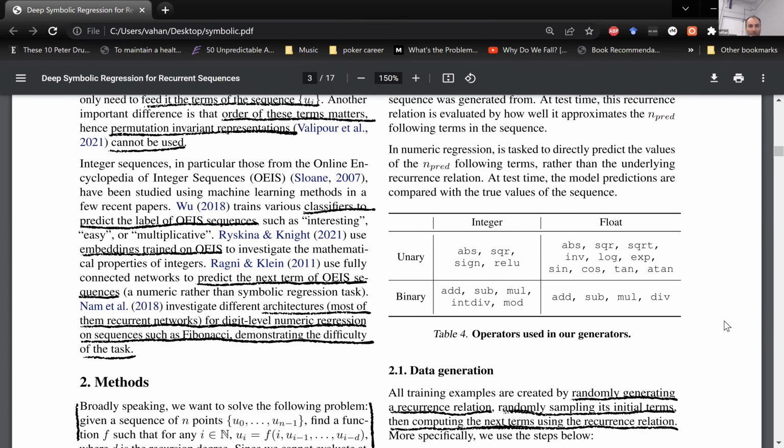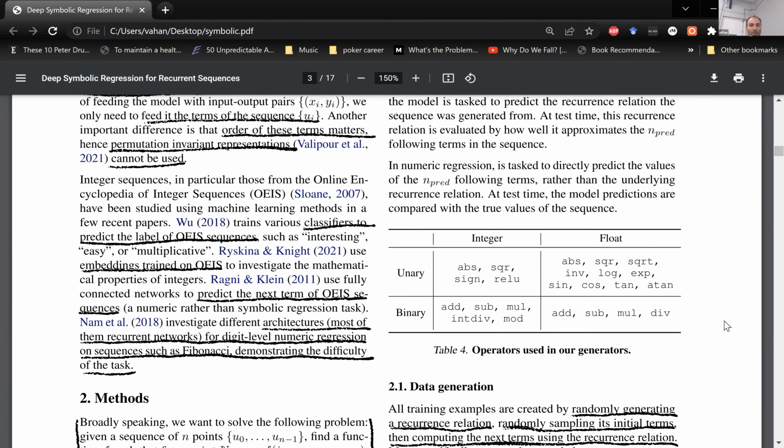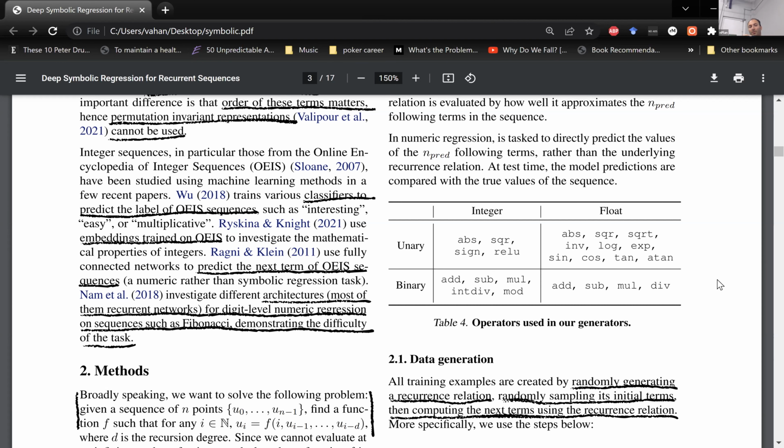I marked it over here. Maybe it was one of those papers. Basically, the idea is that you build a tree. Each node in your tree is either a unary element or a binary, and that defines your expression. And basically, you have to rewrite the expression in Polish format, which means you put the operator and then the values. Okay. There are a few examples here.